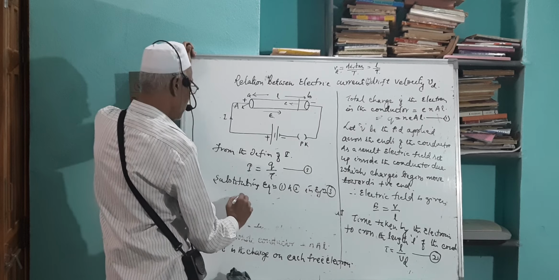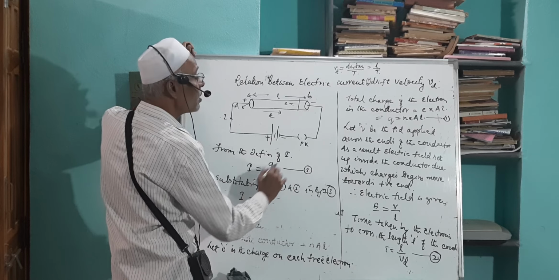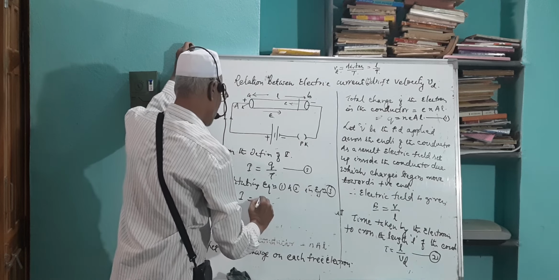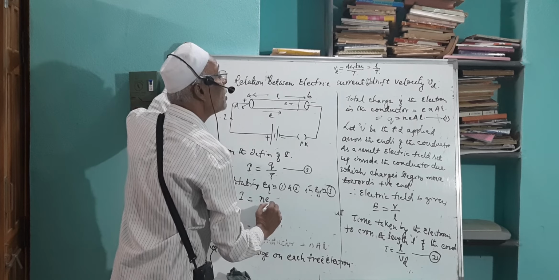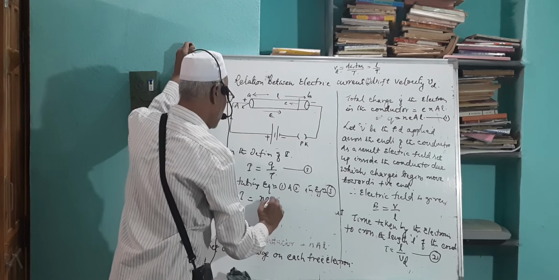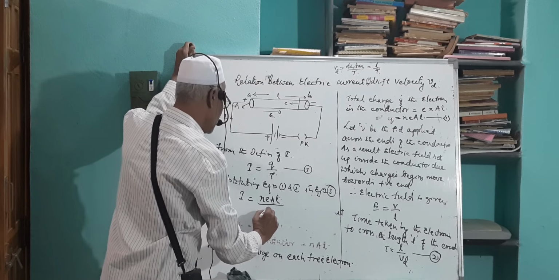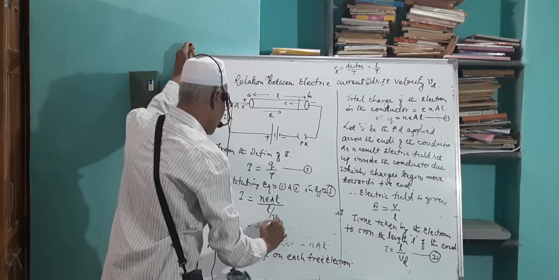So I is equal to Q, which is N times e A L. Similarly, the time expression is L upon Vd.